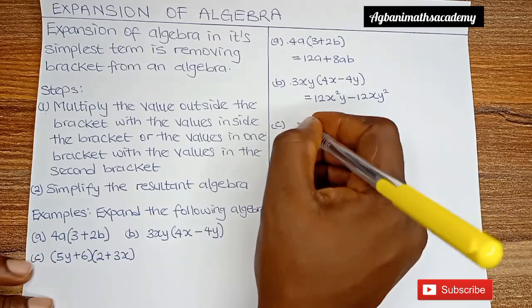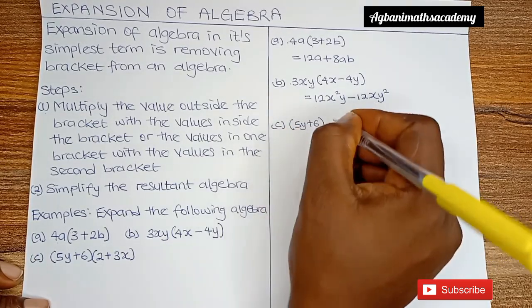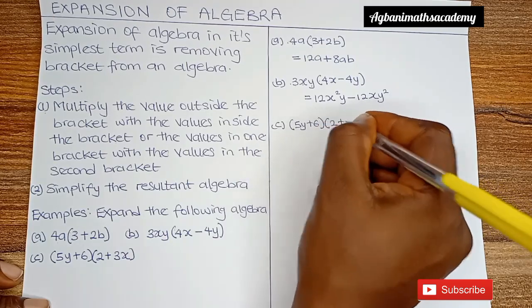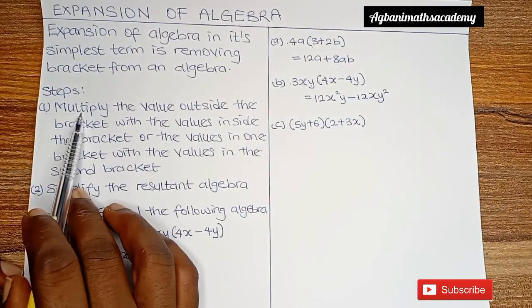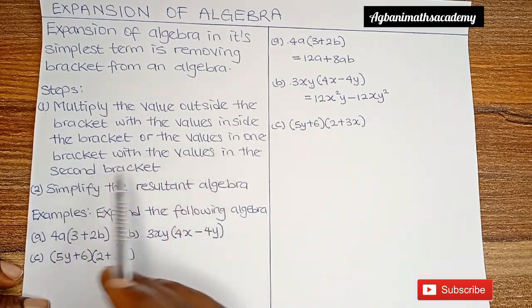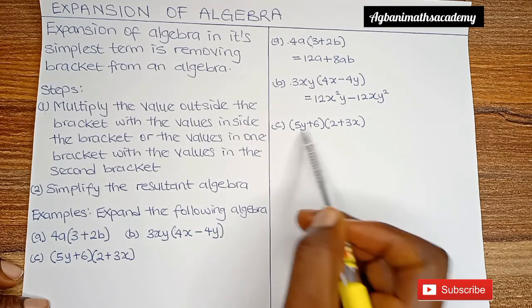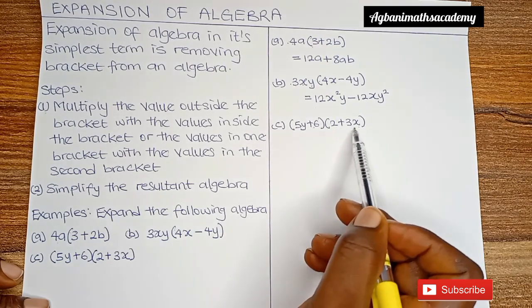We have 5y plus 6 into 2 plus 3x. We said multiply the values in one bracket with the values in the second bracket. So this value is going to multiply these two values, and then this value is going to multiply these two values.